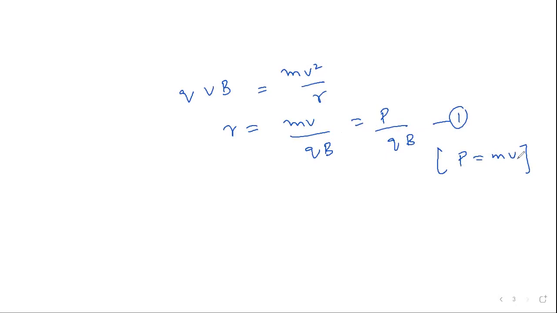From equation first, it is clear that the radius of the path is determined by the momentum p of the particle, charge, and the strength of the magnetic field, right?